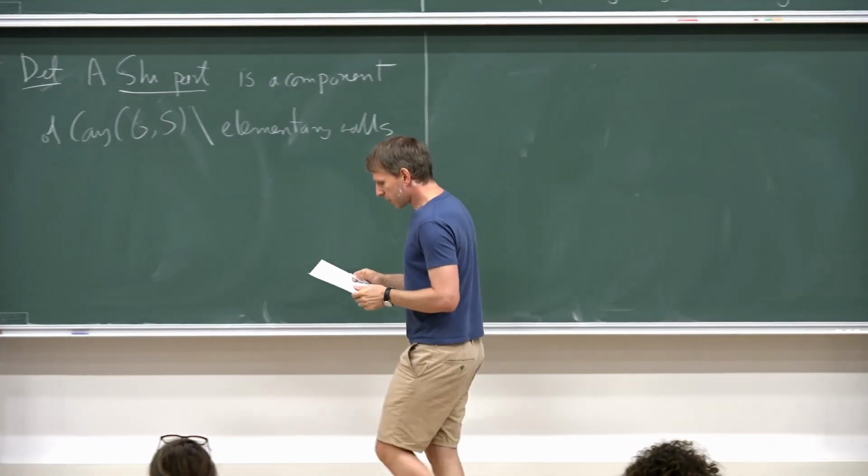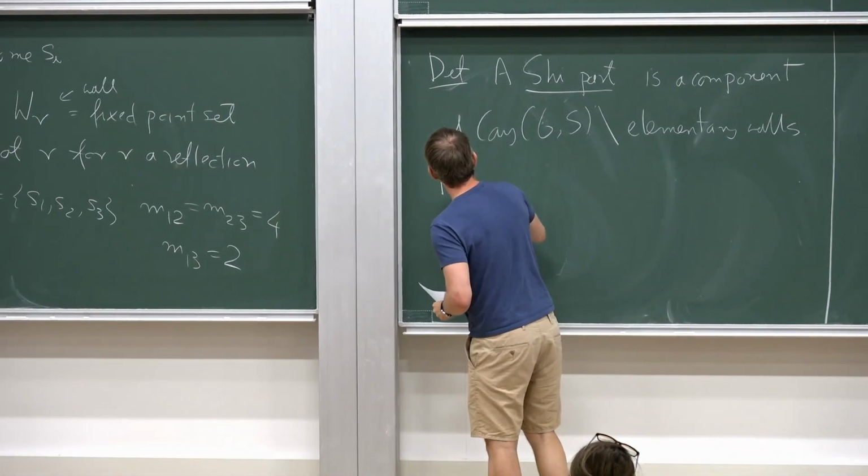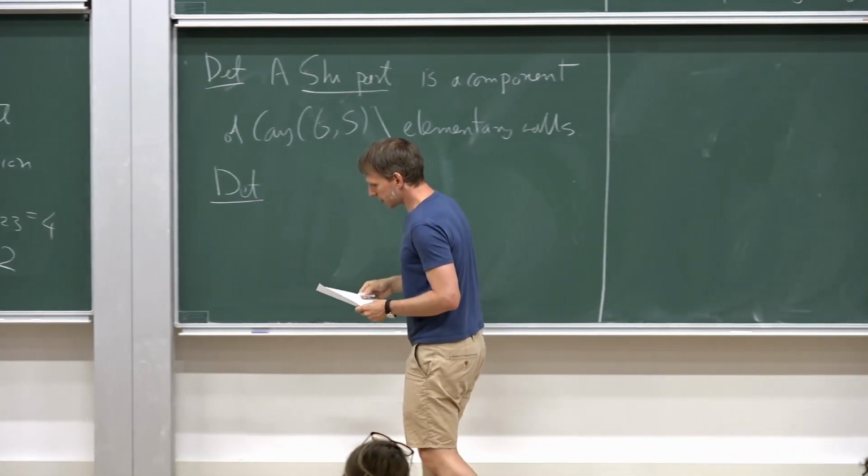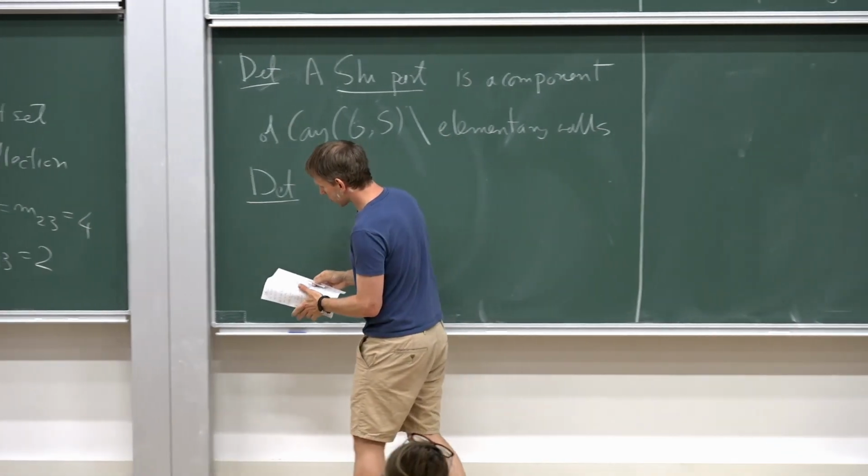To state our first theorem, I need one more notion, the notion of the natural order on the vertices of this Cayley graph, on the elements of the Coxeter group.